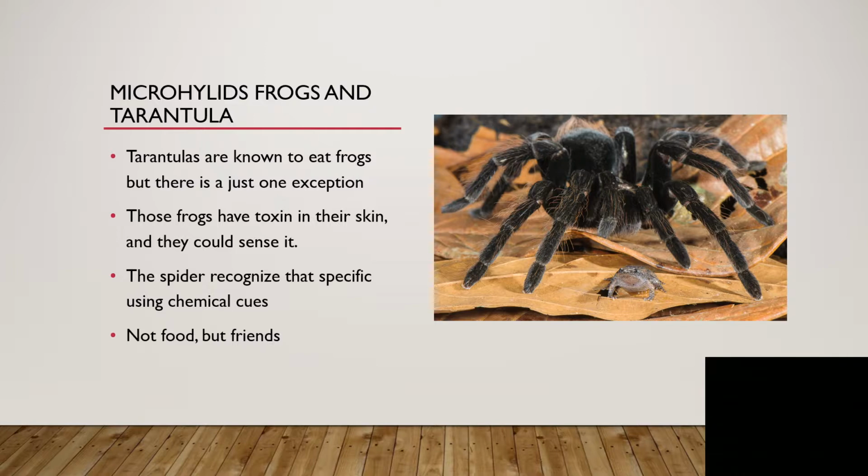They were actually kind of confused about what was going on, because typically a spider of that size could easily consume the little frog that you see in this picture. But there has been research done, and they assume that it is certain chemical cues or pheromones in the frog that the spider can recognize to tell if something is food or friend.